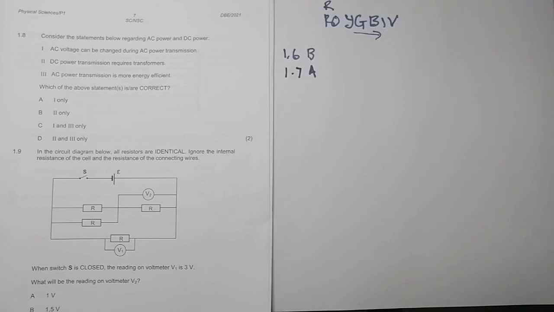Then the second one, they say DC power transmission requires transformers. That is not true. Remember, only AC can be changed. And then they say AC power transmission is more efficient. That is absolutely true. So the two correct answers there would be 1 and 3, which is option C.